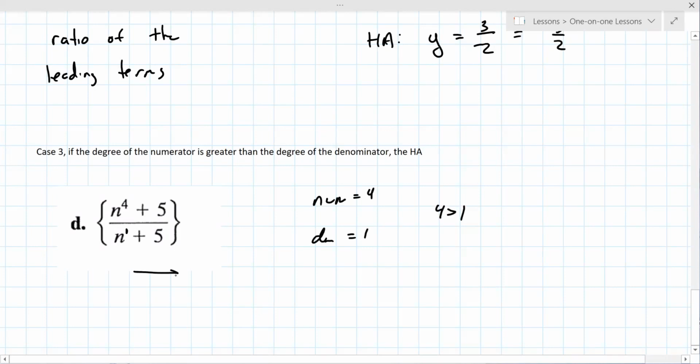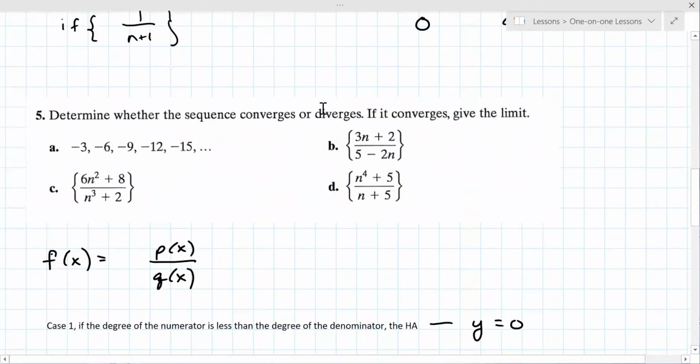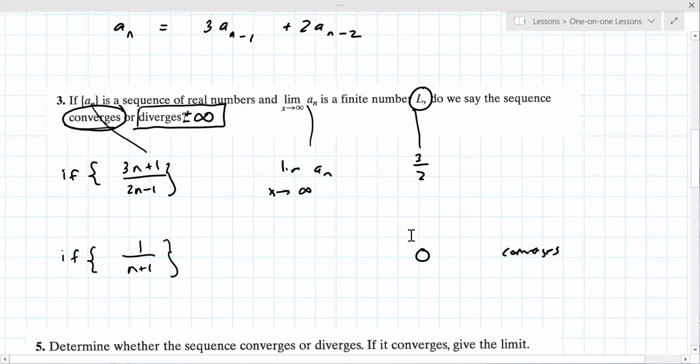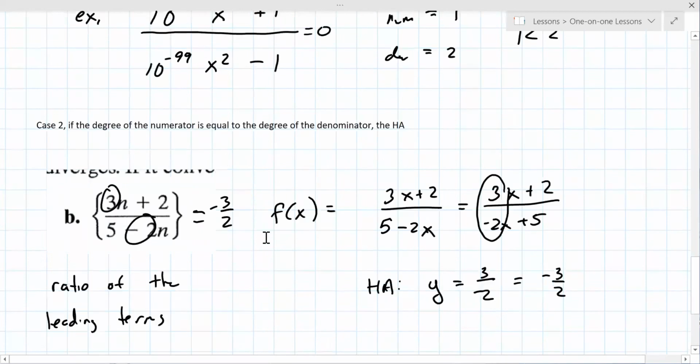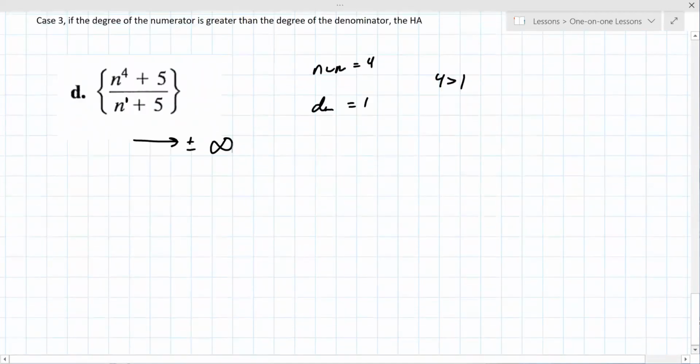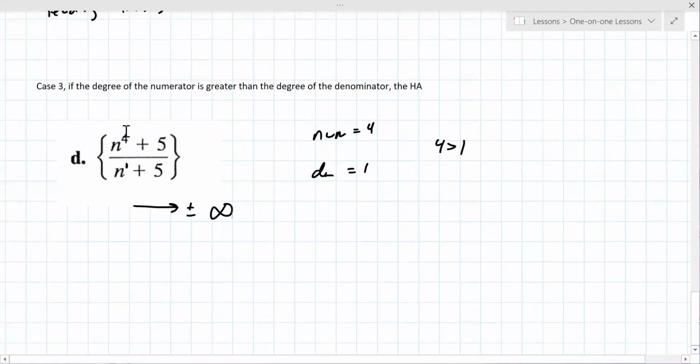So this either goes to plus or minus infinity, depending on other factors, which we can explain in a moment. If we're just reviewing here, your choices are they either go to a number or 0, or they go to infinities. Those are your 3 choices. The reason this one goes to plus or minus infinity is because the top one is growing so much faster than the bottom one.